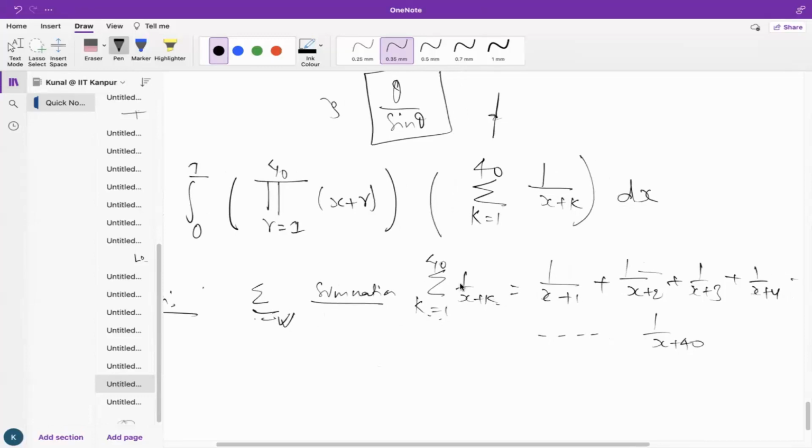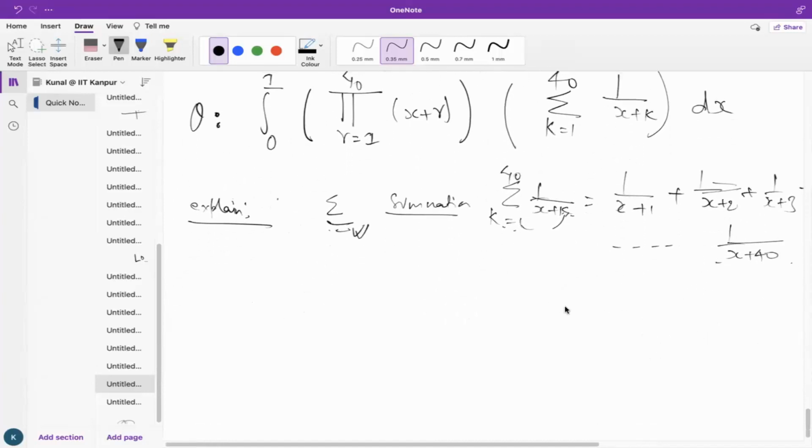Its job is that whatever is written, we substitute the value of k each time: 1 by x plus 1, 1 by x plus 2, 1 by x plus 3, 1 by x plus 4, likewise up to 1 by x plus 40. Now, what does this symbol represent? This symbol represents the product, the same thing that we do here.